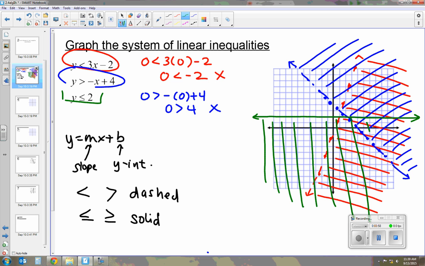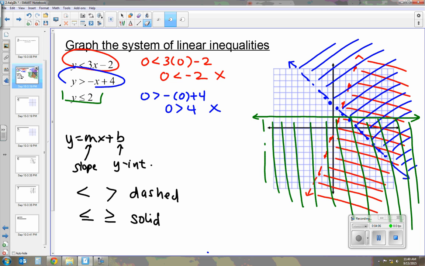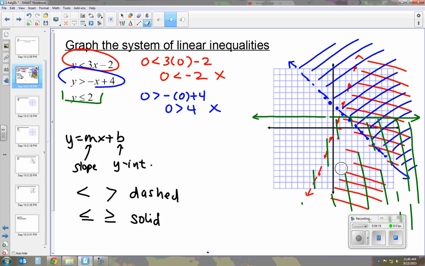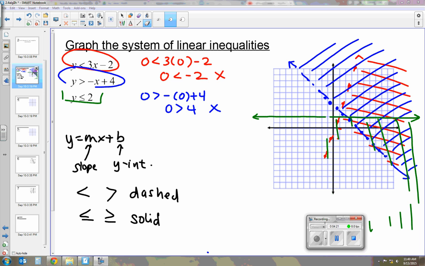Now, if we look at this, our solution to this system is where all 3 colors cross. So what I'm going to do is erase, because that's the easiest thing to do right here, my shading. Don't erase your lines that you've drawn, but erase your shading where it does not all meet up. Okay. And that'll give us our solution.